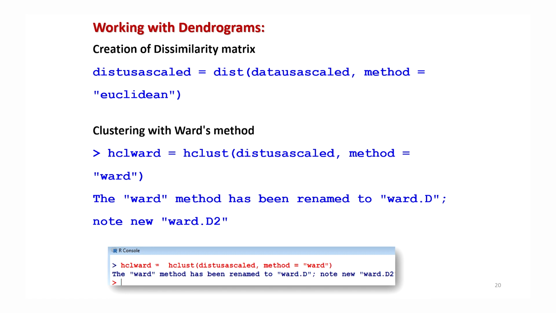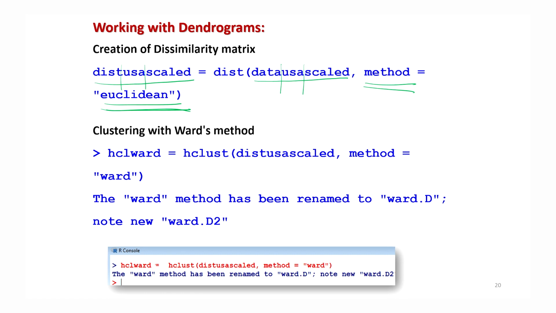First we try to create the dissimilarity matrix, using the method Euclidean, on data USA scale, the same data set on which we have created the dissimilarity matrix earlier, stored in this USA scale, but now with the method Euclidean changed.